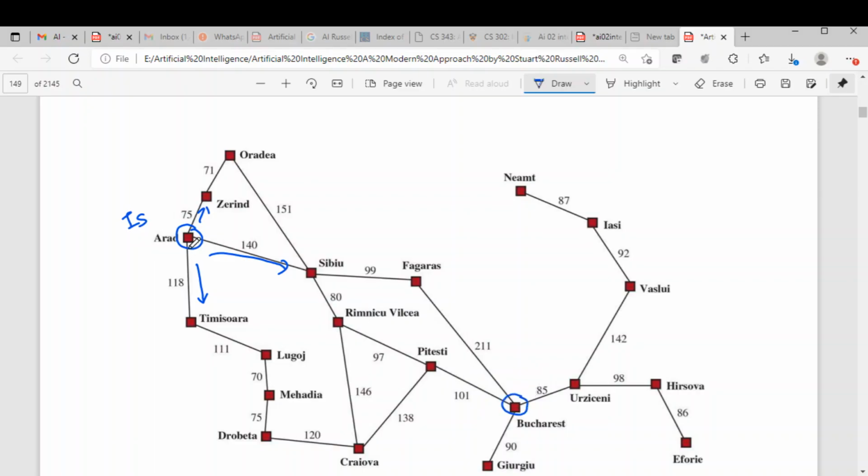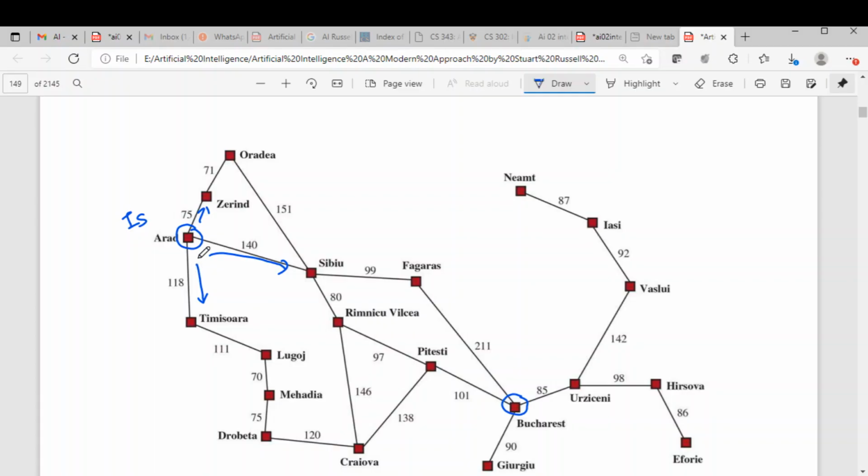Okay. So it has three choices. It can either go to Zerind or Sibiu or Timisoara. But out of these three, it will choose that destination from where it can reach Bucharest at a cheaper cost, only based on the heuristic, not based on these real values.